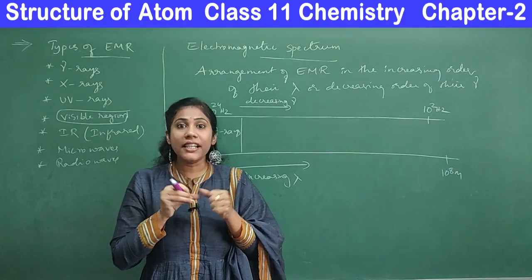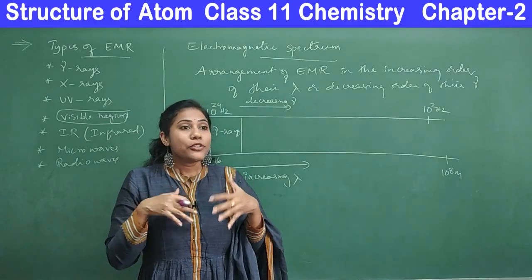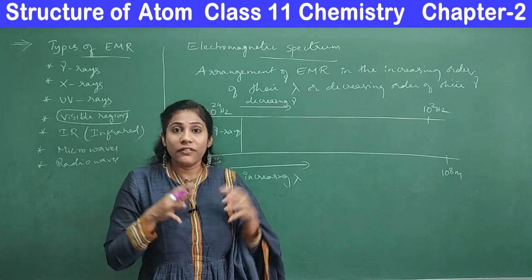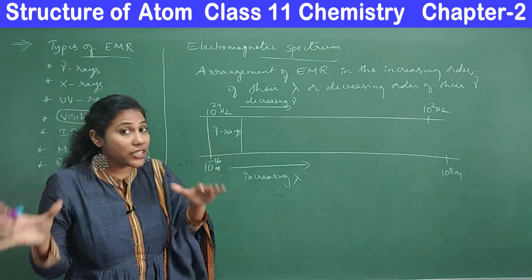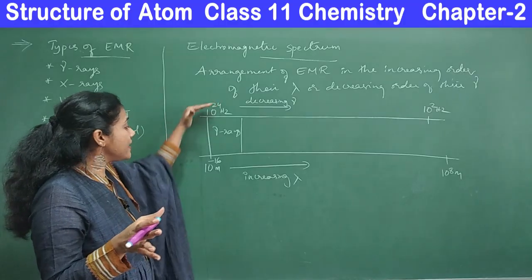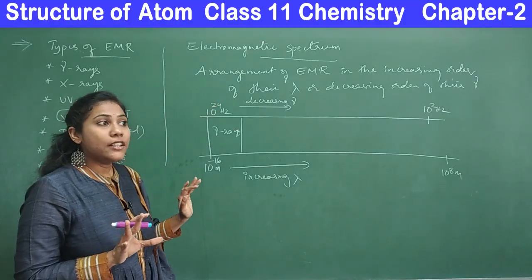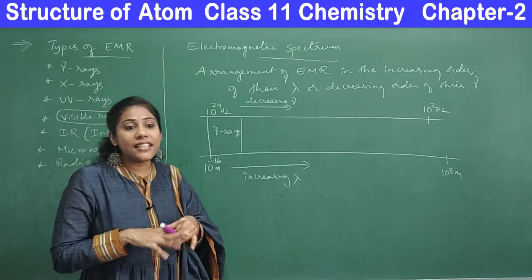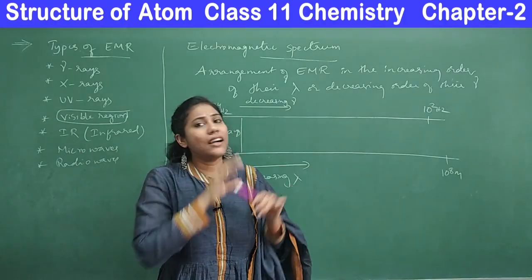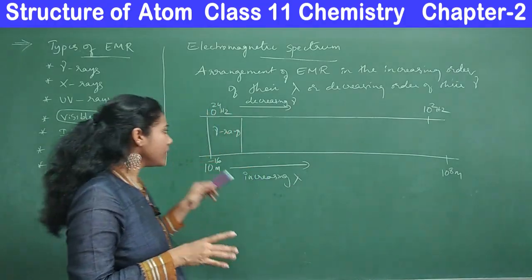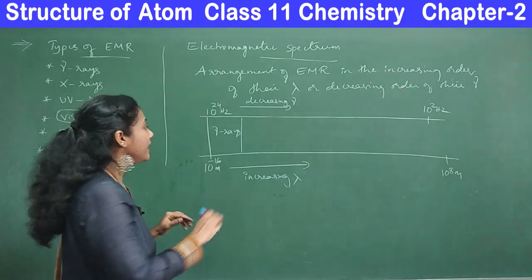And our DNA undergoes mutation. So various changes occur when we get exposed to these high energy radiations. High energy radiation means high frequency, less lambda. When you have high frequency, in the sense that a number of waves are traveling so fast within a second, right? So high energy radiations are always dangerous.